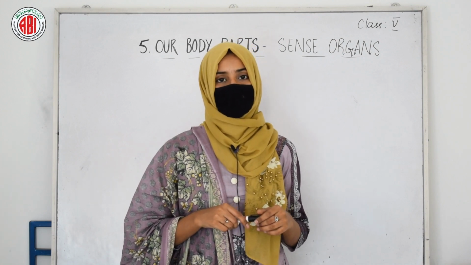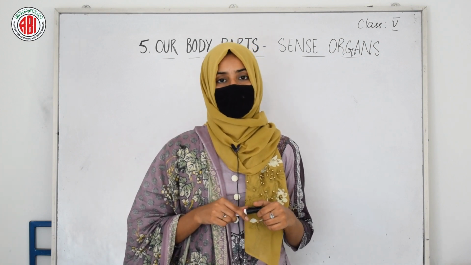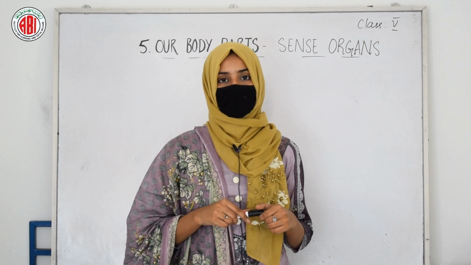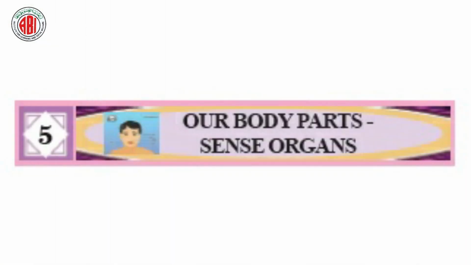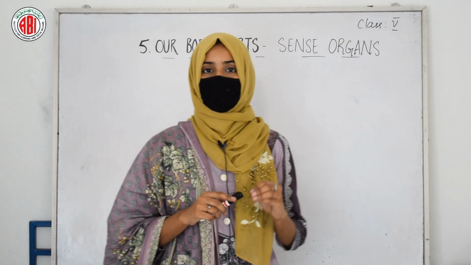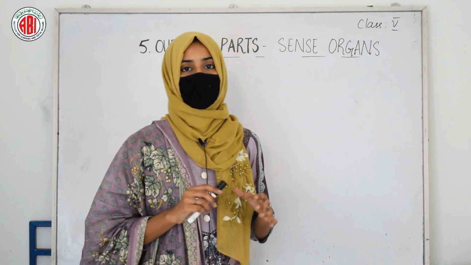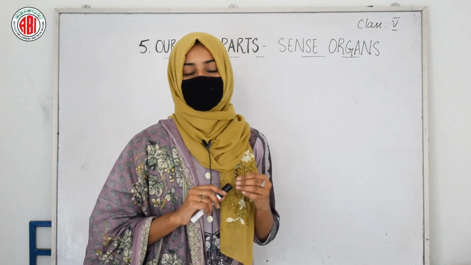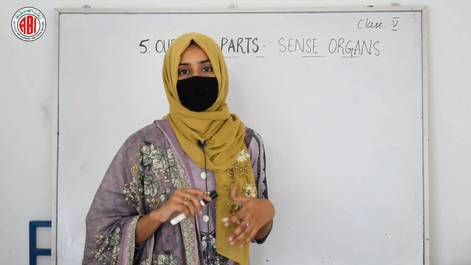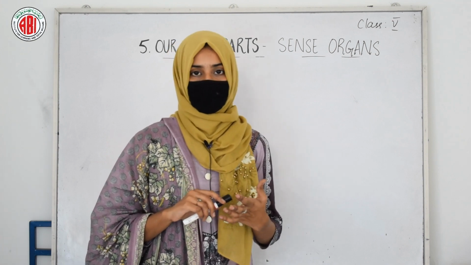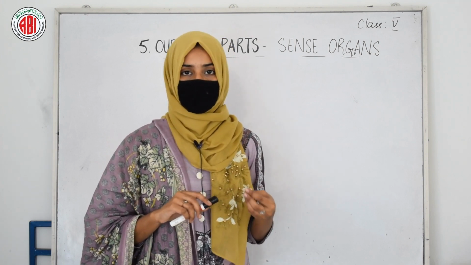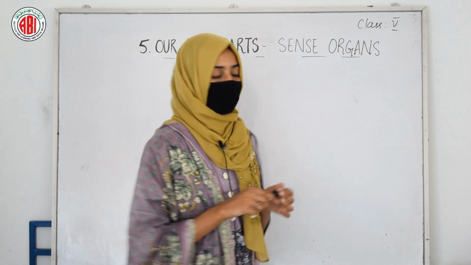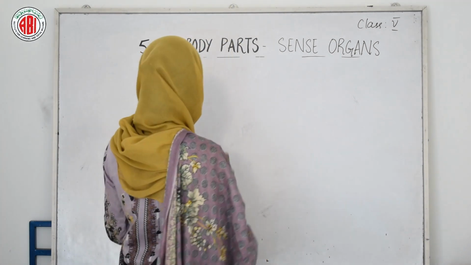In today's class, I'm going to start a new lesson and the name of our lesson is our body parts, sense organs. So we all know that our body is made up of different organs. The organs that are visible outside the body, the organs which we can see, are called external organs.